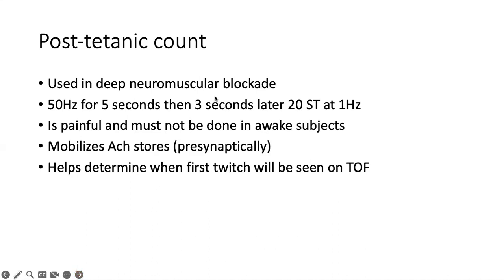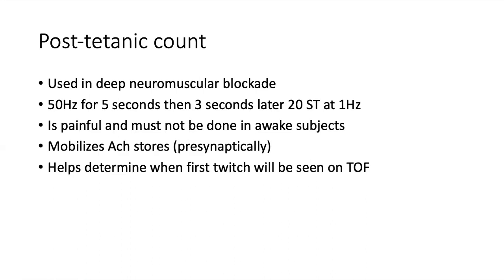You must never do it in a patient who's awake. It's extremely painful. And as I said, the aim of these rapid impulses and stimulation is to mobilize the acetylcholine presynaptically. Why do you want to do that? Because these patients have an intense block.